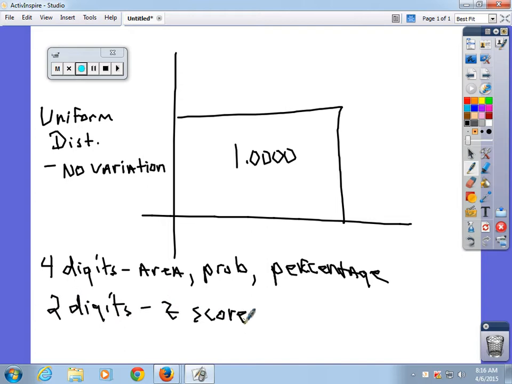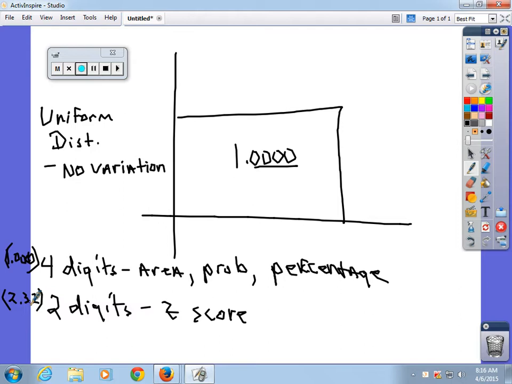Example, 1.0000. I carry that 4 digits. That means that's an area. 2.32, that's a z-score because it's 2 decimal places. Okay? So get used to seeing 4 decimal places for area, 2 decimal places for z-score.